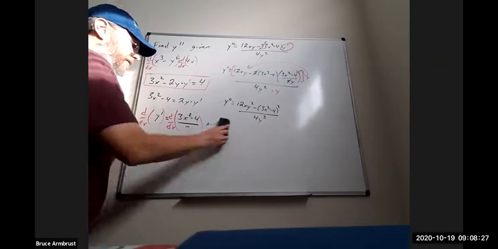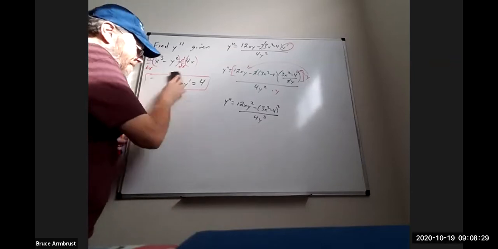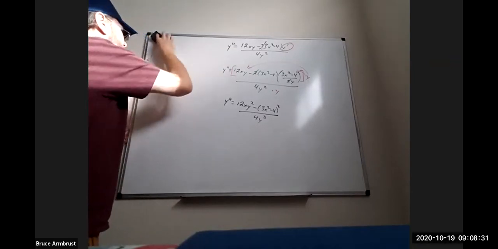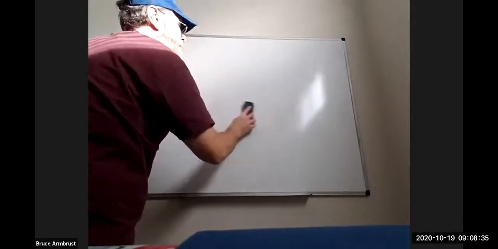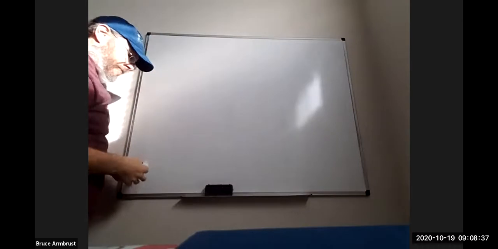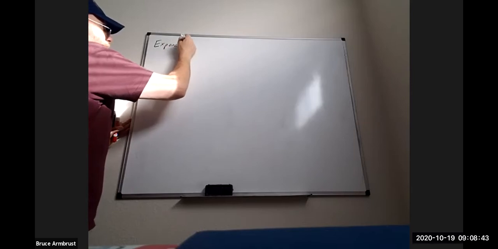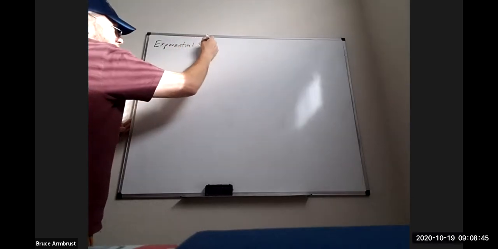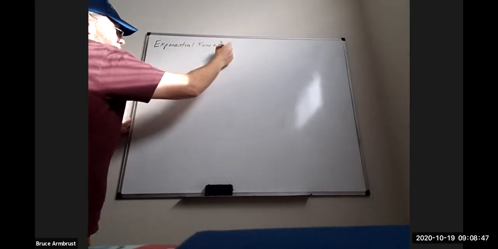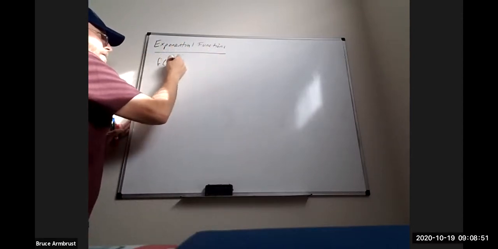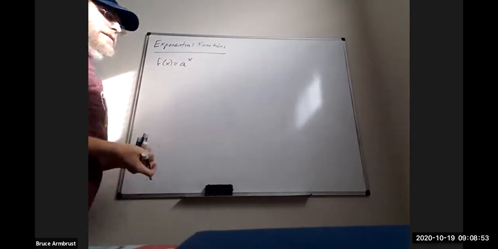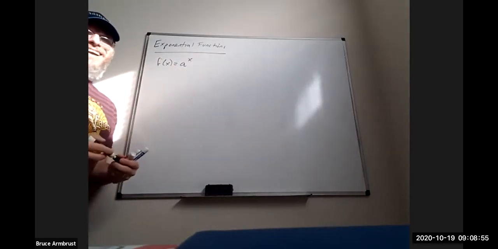But speaking of logs and exponents, let's get their derivatives. All right, so let's start with exponential functions. So these are the ones that are written as f of x equals a to the x.